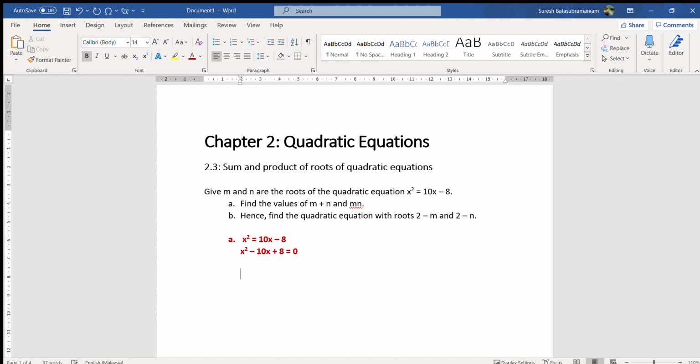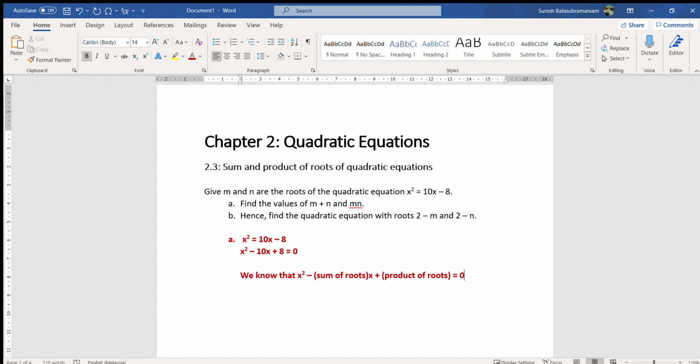So we know that x squared minus sum of roots x plus product of roots equals 0.